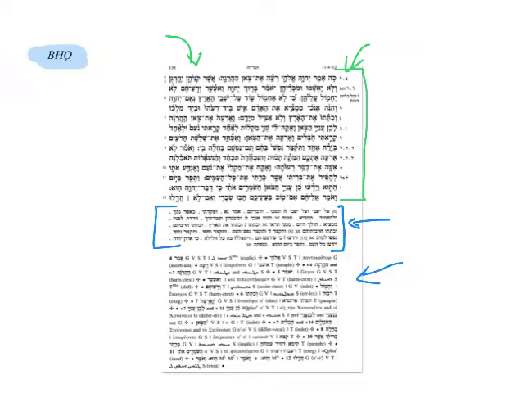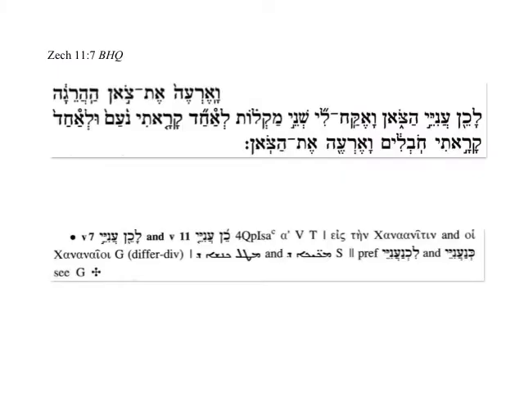You'll notice a much more substantial apparatus at the bottom of the BHQ pages in general. There's a few differences in the way the BHQ is laid out. Verse numbers are kept in the margins. They're not in the text. We also notice that there's no editor's notes in the text alerting us to things.